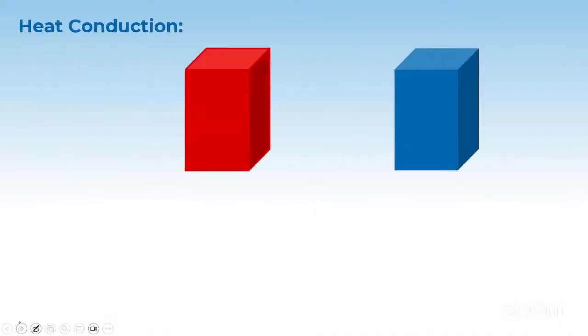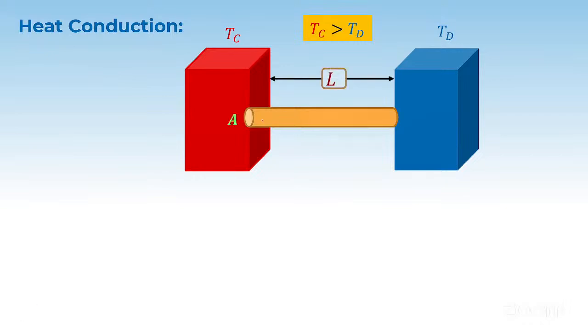Now, let's derive the expression for the rate of heat conduction. Suppose these are two blocks, Tc and Td are the temperatures. Tc is the temperature which is greater than Td. Now, we have attached a metal rod to it, of cross-sectional area A and having a length L. So it is directly connecting this red cube to this blue cube.